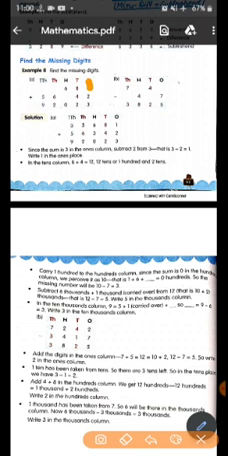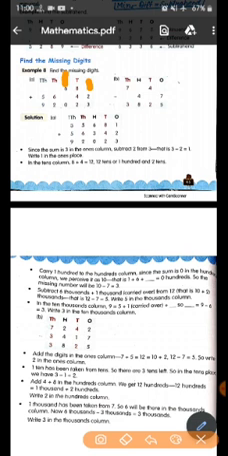Now come to the tens column. Here 8 plus 4 is 12. From 12 we write only 2 and give 1 to the hundreds place. So 6 plus 1 is 7 and the other number is not given. The sum of these two numbers is 0, but 0 can't be there, there must be 10.